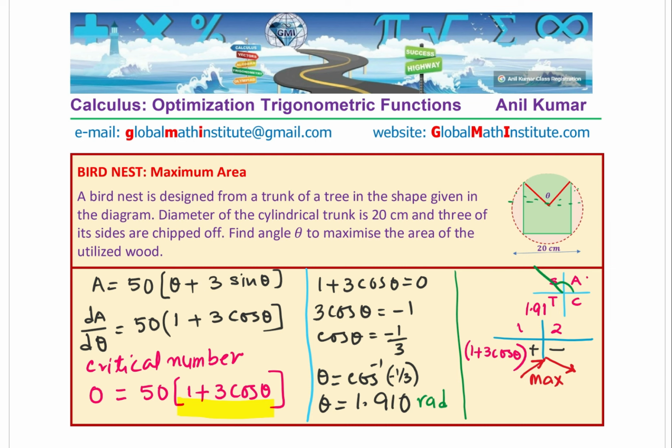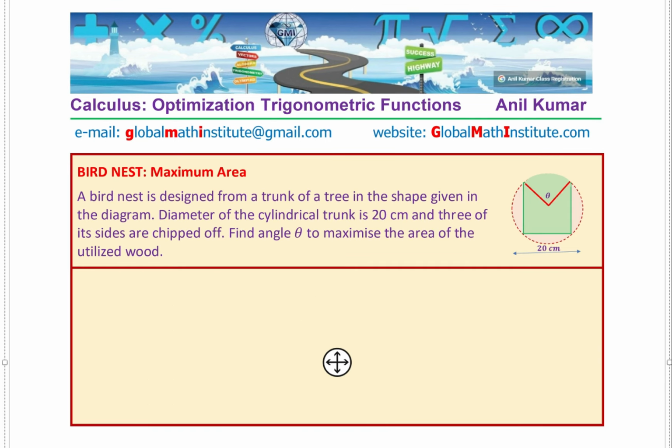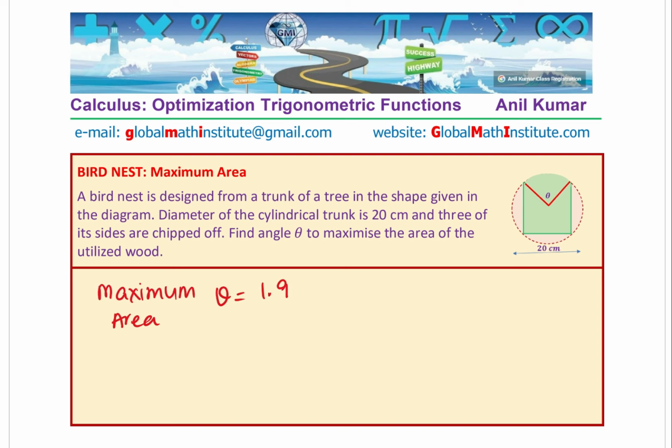Well, let us convert that to degrees, right? Let's do it on the next page. We got the angle theta for maximum area. Theta is 1.91 radians.